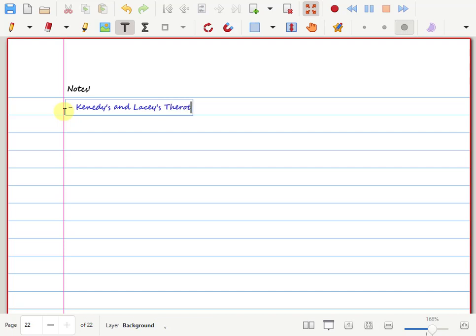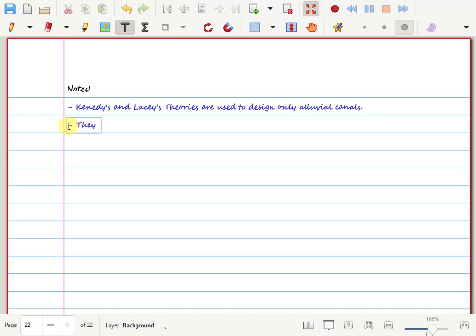This is our next theory. Both theories, Kennedy's and Lacey's, are used to design only alluvial canals. You need to remember this point.